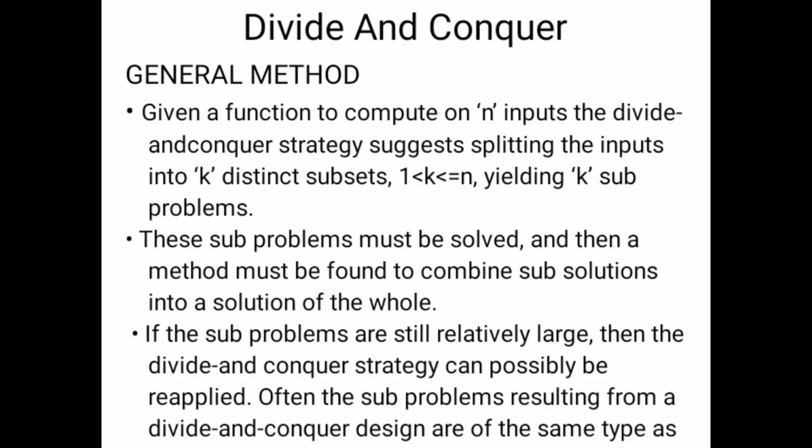So the general method in solving a given problem is as follows. First, an instance of a given problem is divided into a number of smaller instances of the same type and equal size. That is, the problem is broken into several sub-problems that are similar to the original problem but smaller in size.